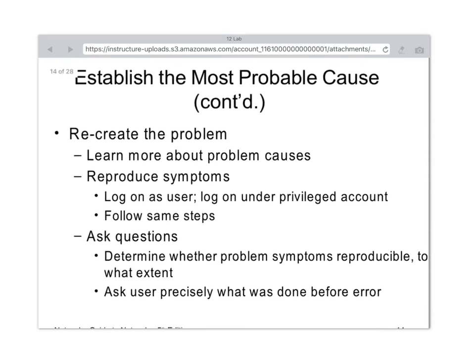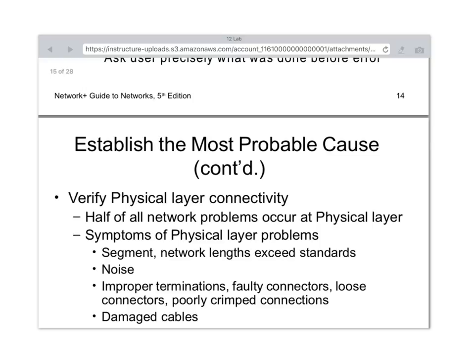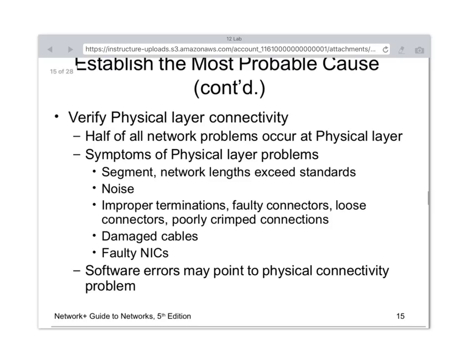Continue on establishing the probable cause. Again, just asking questions, swapping out equipment maybe, installing a new NIC card or a new cable. I would do the cable first, NIC card second, if it's an issue like that. And this is just another hardware triangle. Is the cable properly installed into the NIC?